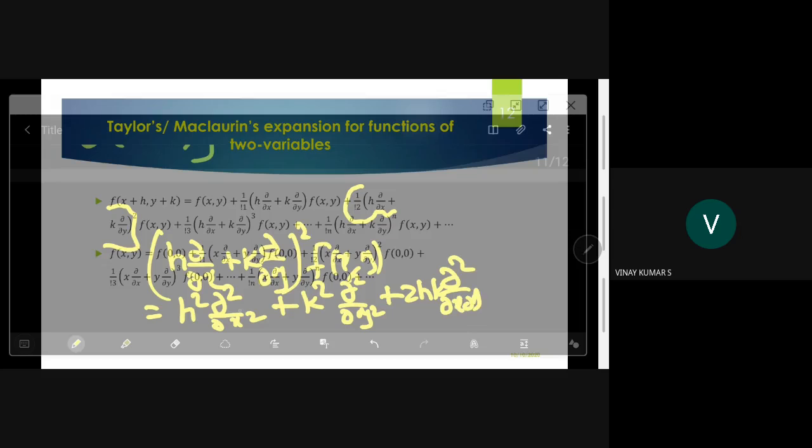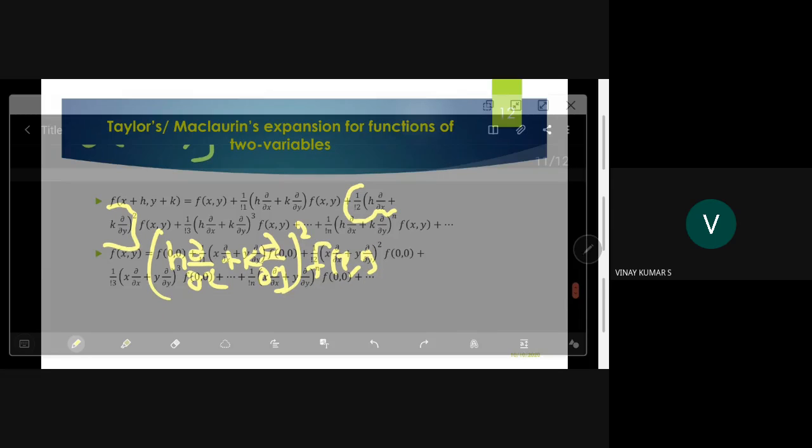That's all. You simply put f. That is the meaning. So I have given Taylor series expansion as well as Maclaurin series expansion for functions of two variables. Sometimes they will give this. That is why.